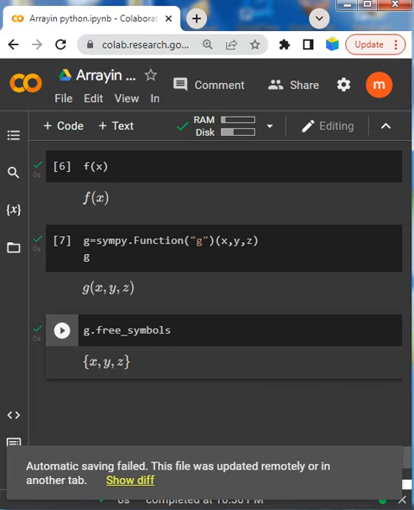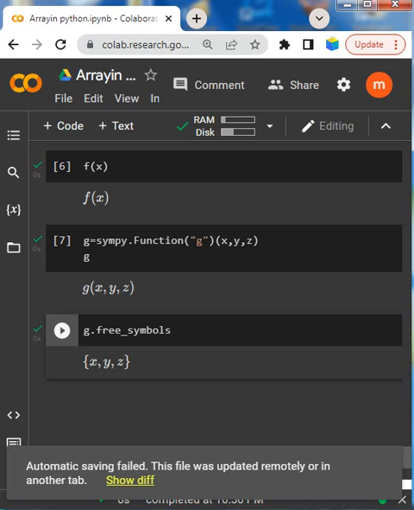So we use the property free_symbols, which returns a set of unique symbols contained in a given expression, in this case, the applied undefined function g. This will be important after some time, whenever we consider derivatives of abstract functions.